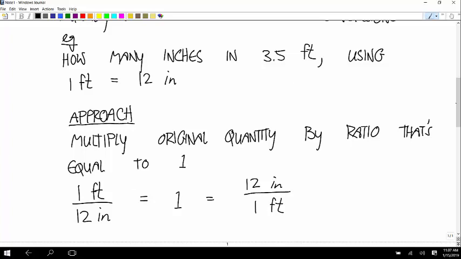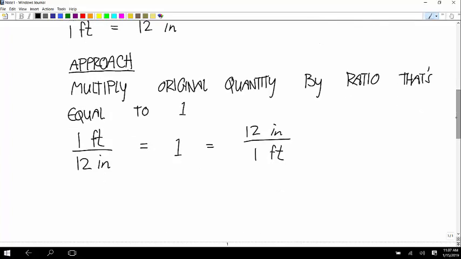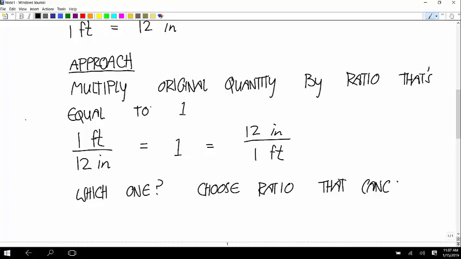And the question is, which of those two? We want to choose the ratio that cancels the unwanted units. We're already in feet, and we want to get rid of feet.